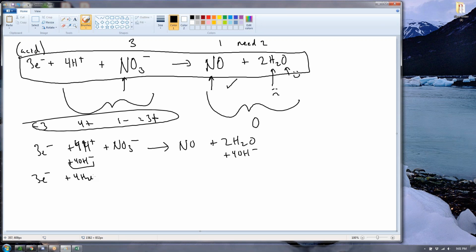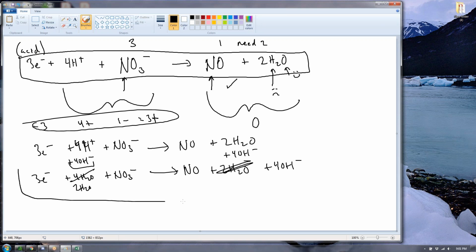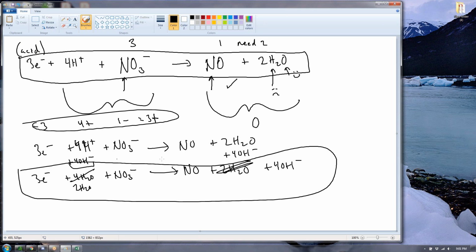So 4 waters and nitrate going to NO with 2 waters and 4 hydroxides. There are 2 waters here that get knocked out with 2 waters there. So you rebalance the waters just by knocking out whatever's excess on one side. And that would be your basic reaction. So those are the rules. If you have to do something basic, do it acidic first and then make it basic. Just so much easier.